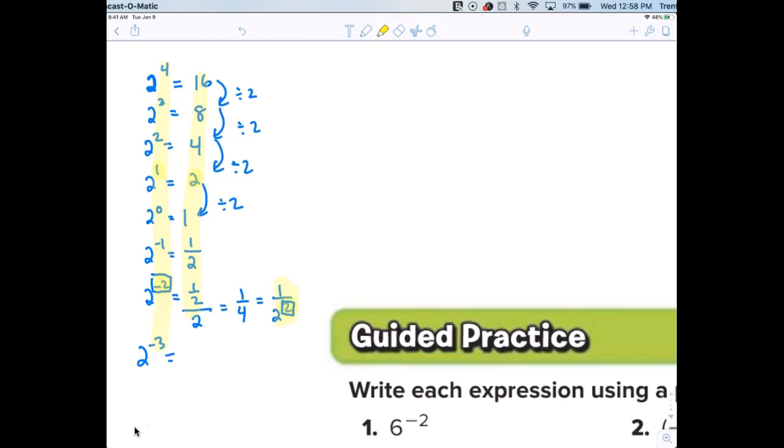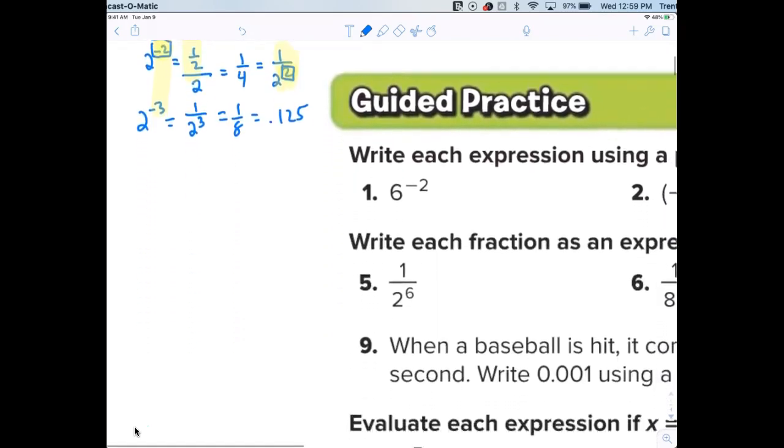Yes, 1 over. Very good. 1 over 2 cubed. Now, those of you guys who said 1/8, yes, that is correct. Those of you guys who said 0.125, yes, that is correct. I'm now interested in writing them as exponents, though.